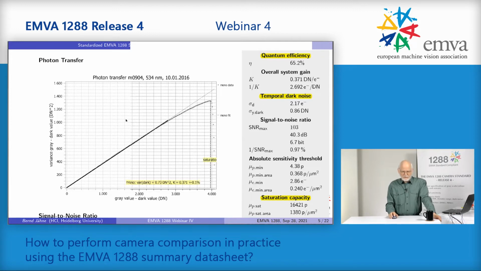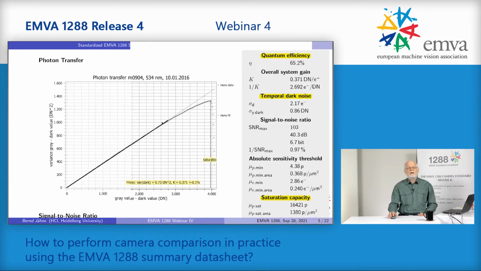The phototransfer curve is one of the important curves to check whether a camera is really linear. In the phototransfer curve, you draw basically the temporal variance as a function of the mean photo-induced gray value. And for a linear camera, this should be linear. You see, this is the case, except for the upper part.